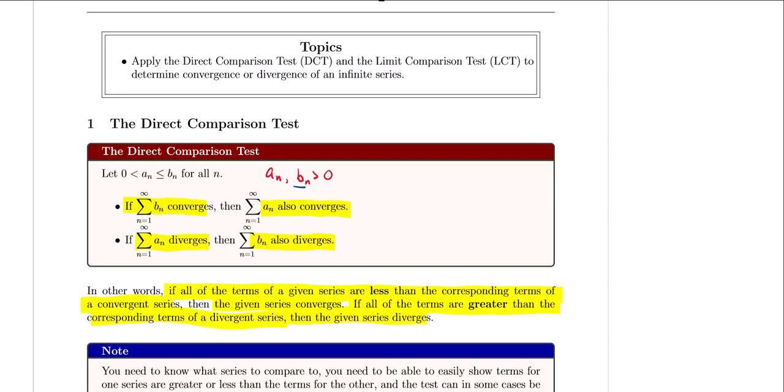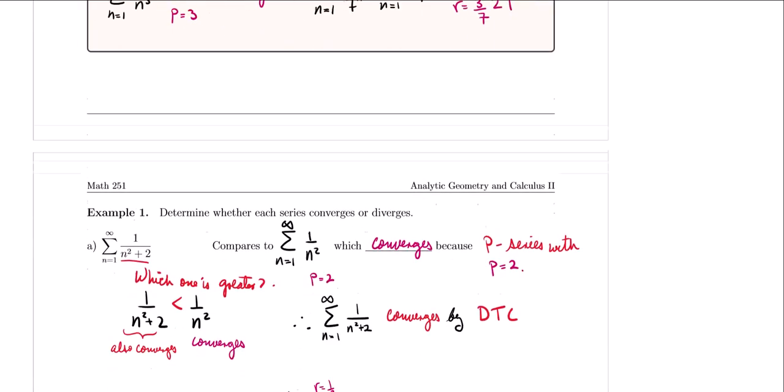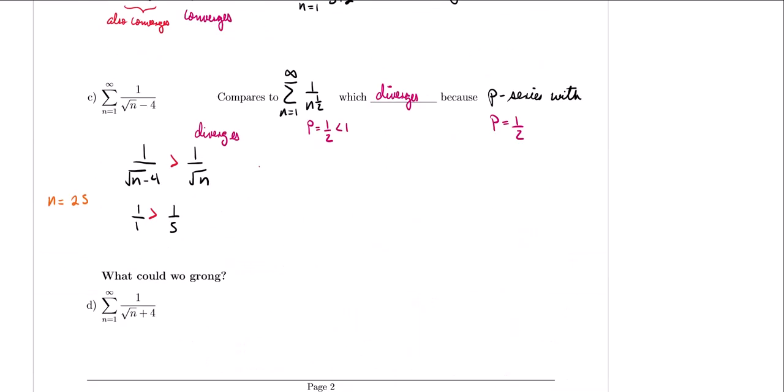However, if the smaller one of the series diverged, and it's the smallest one because we know that a sub n is less than or equal to b sub n, then if the smaller one is diverging, then the larger one is also diverging. So, because the smaller one is diverging, then this one here also diverges. Okay, so with this information, we can say, therefore, the series as n goes from 1 to infinity for 1 over the square root of n minus 4 diverges by the direct comparison test.